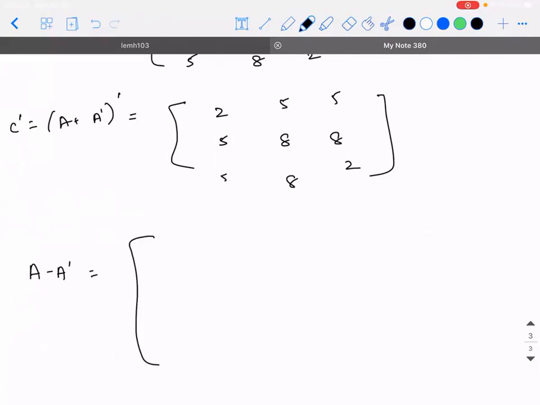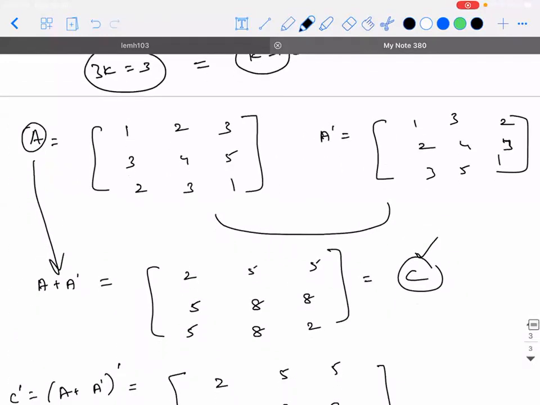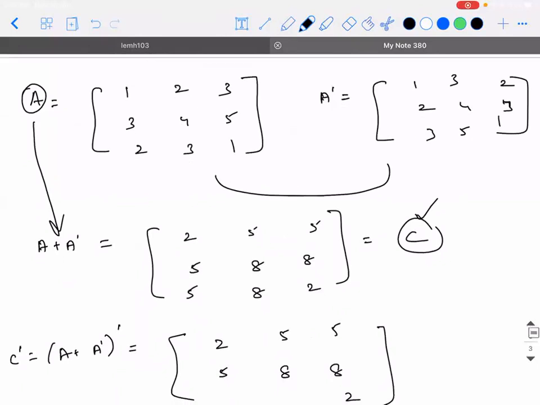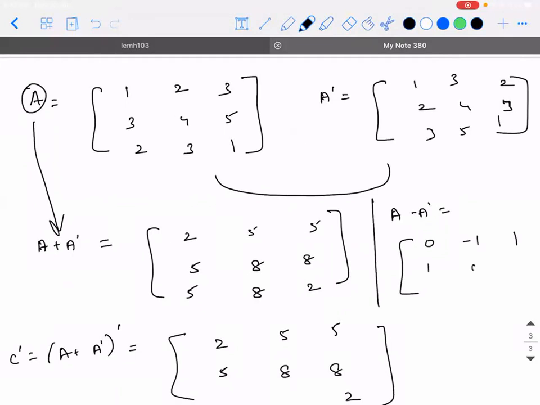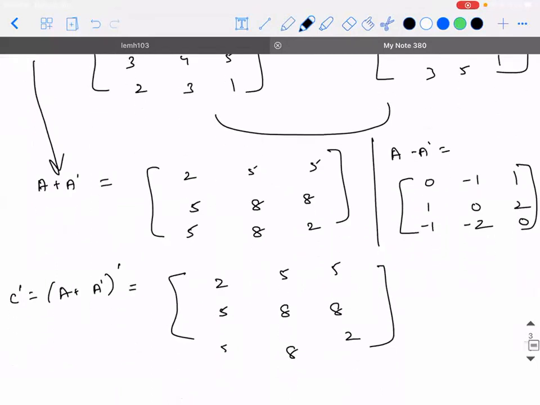Don't do A transpose minus A. So, A minus A transpose is what? 0, minus 1, 1, 1, 0, 2, minus 1, minus 2, 0. Then this A minus A transpose, I call it D.